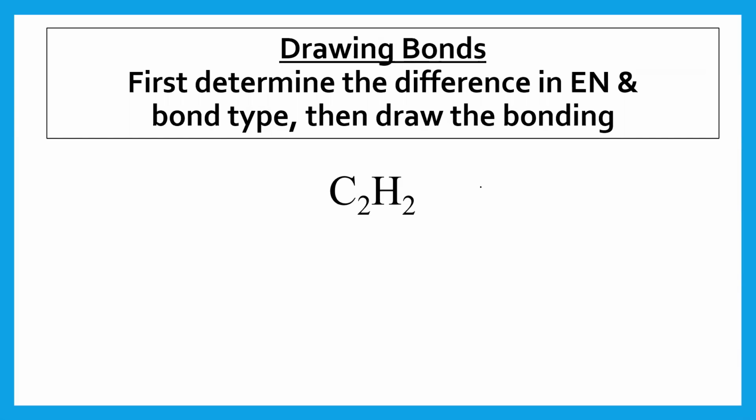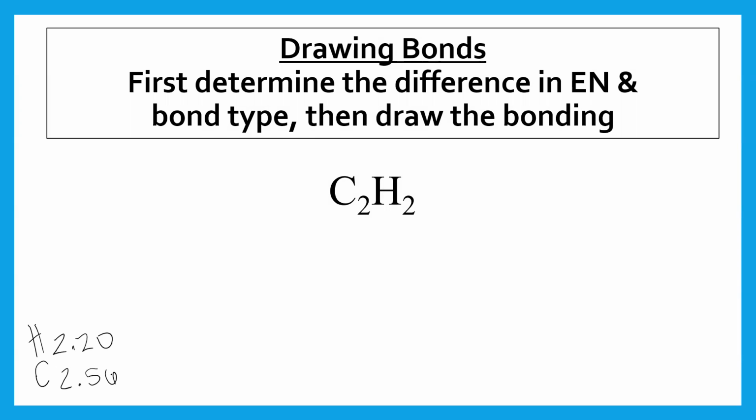So looking at my electronegativity chart, I'm only going to look at C and H. I'm not doing anything with the subscripts. You're not going to multiply anything by 2. It's just C versus H. So hydrogen's electronegativity value from the chart is 2.20, and carbon's electronegativity value is 2.56.